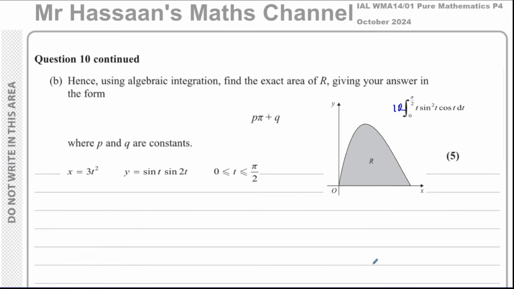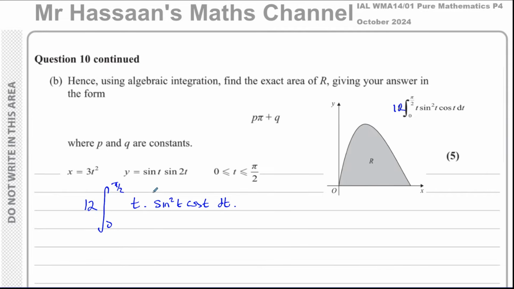So now we have to integrate this expression. So we have 12 times the integral between 0 and pi over 2 of t times sine squared t cosine t. We have to integrate that with respect to t.